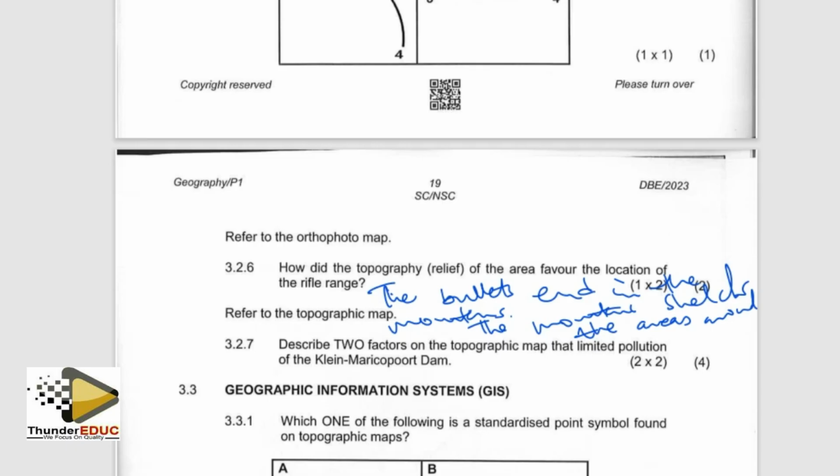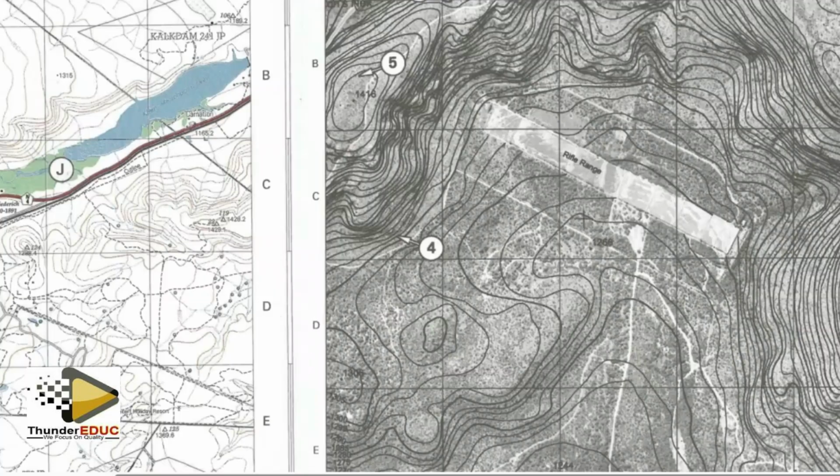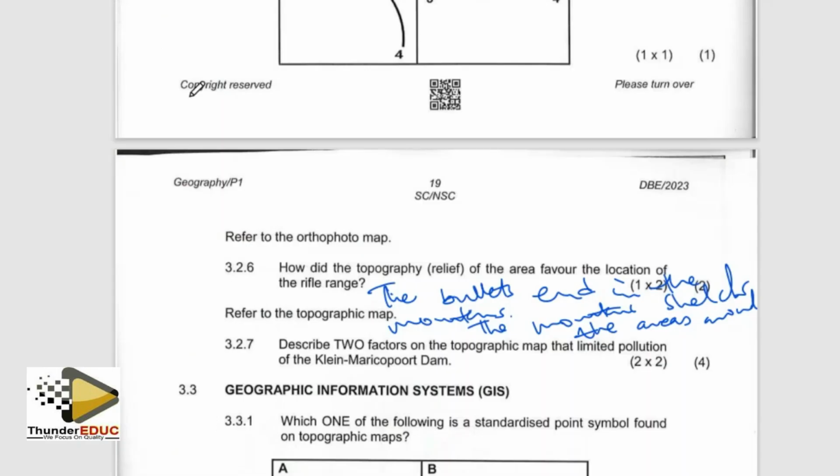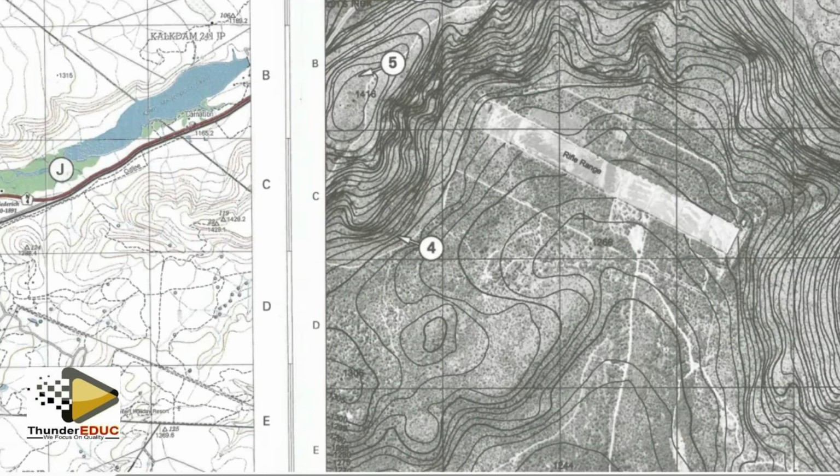That is 3.26. 3.27. Describe two factors on the topographic map that limited the pollution of the Climatology dam. You come here, where is the dam? The dam is here. The question says two factors on the topographic map that limited pollution. What limited pollution there?